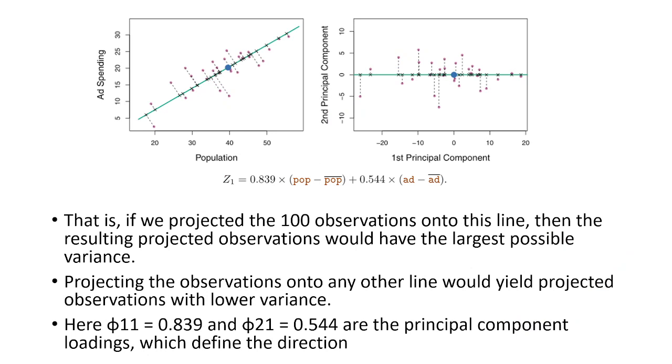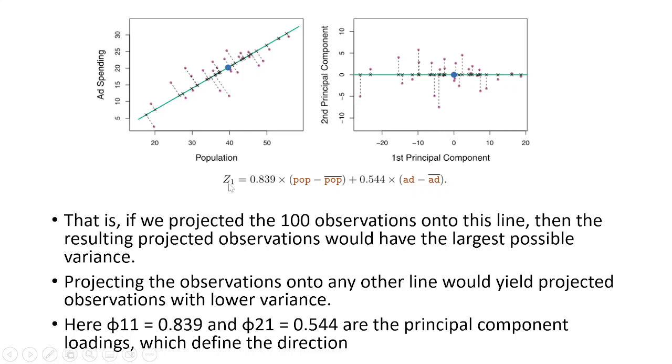And if we project the 100 observations onto this line, then the resulting projected observations would have the largest possible variance, and projecting the observations onto any other line would yield projected observations with lower variance. So once you have the first principal component, represented by the green line on the left graph, and you map it against the second principal component, you can see that most of the variation is captured by the first principal component.